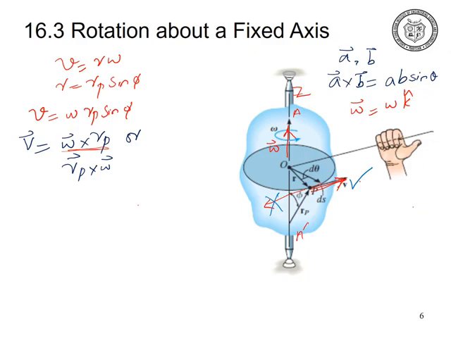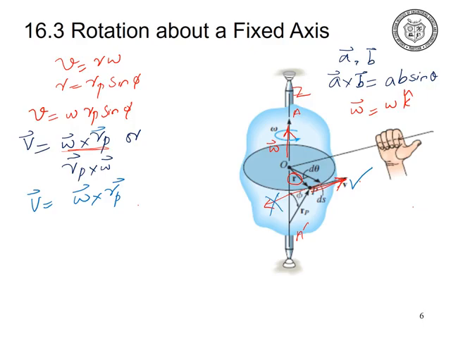So this means that the velocity vector is v equal to omega cross rp. This is the velocity representation in vector form. Here is the position vector r, and it lies in the plane of motion.